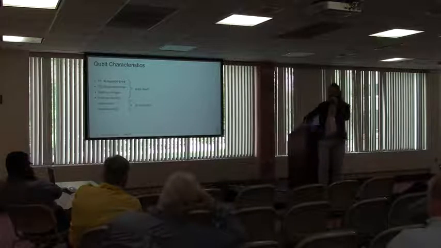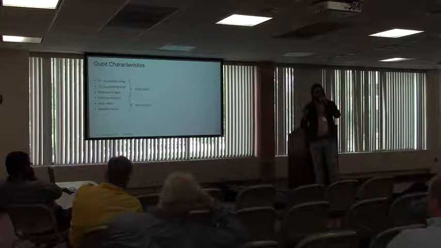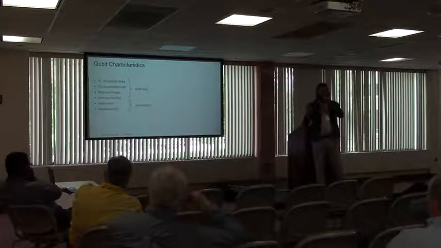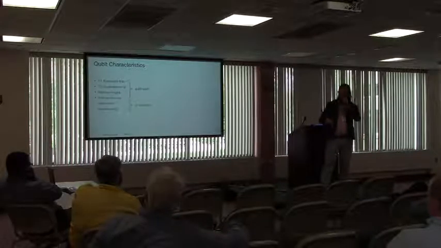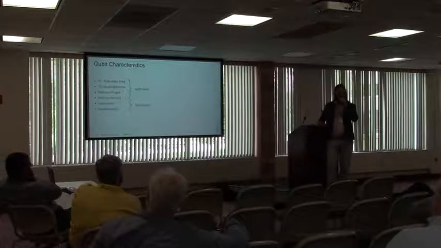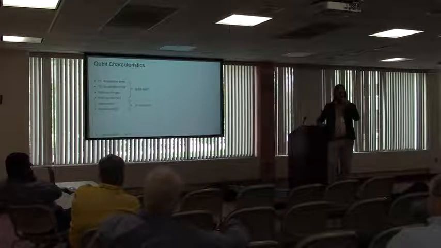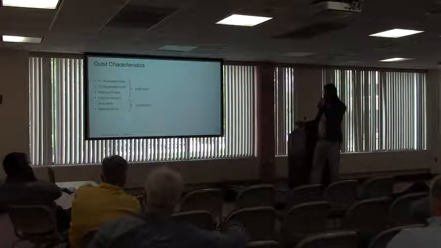Let's say you have excited your qubit to an excited state, let's say from 0 to a 1 state. How long can it stay there and maintain that state? Because it's going to want to drop back to the ground state. And then you would try to measure how long it is taking. You would ideally have this number to be very large, but you will find that it is in the tens or hundreds of microseconds, depending on the qubit type.